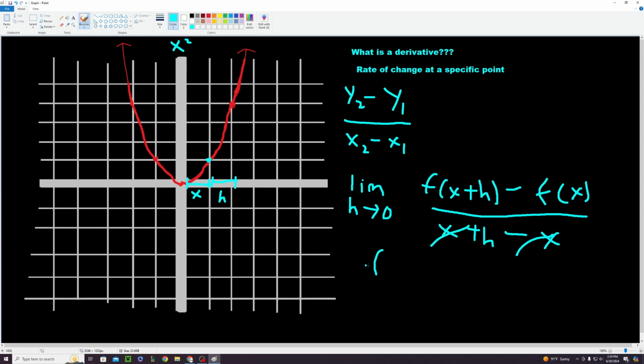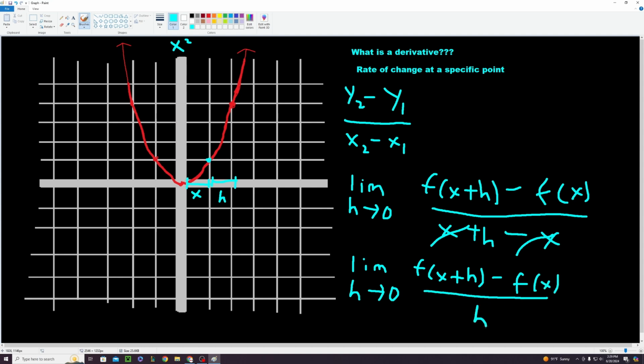So we get the formula for a derivative: the limit as h approaches 0 of f of x plus h minus f of x, all over h. And this is because h is going to be approaching 0 to get to a point as close as possible to x, to get the rate of change at a specific point.